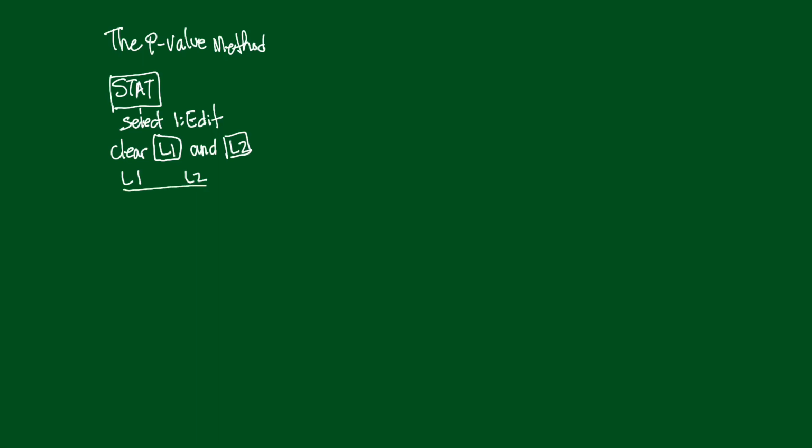Now we're going to put the data in. So it's 102, enter, 112, enter, 33, enter, 96, enter, 68, enter, right arrow over to L2. Now in L2, we don't have these values yet. Remember, we already have them because we did it the long way, but if we're just starting out using the p-value method, we're not going to have these values, so have the calculator do it for us.